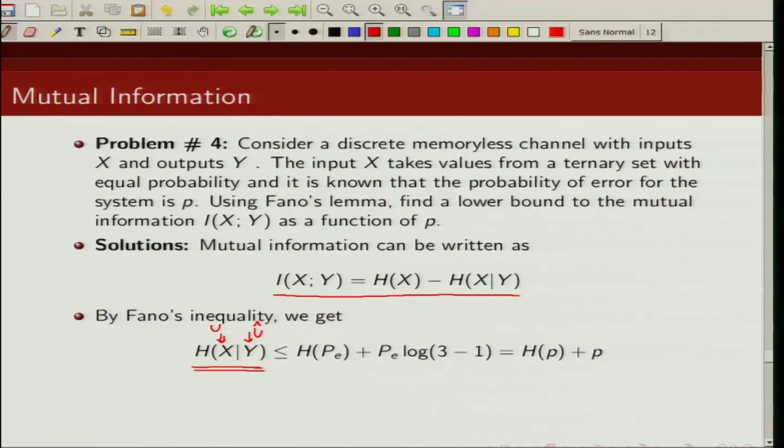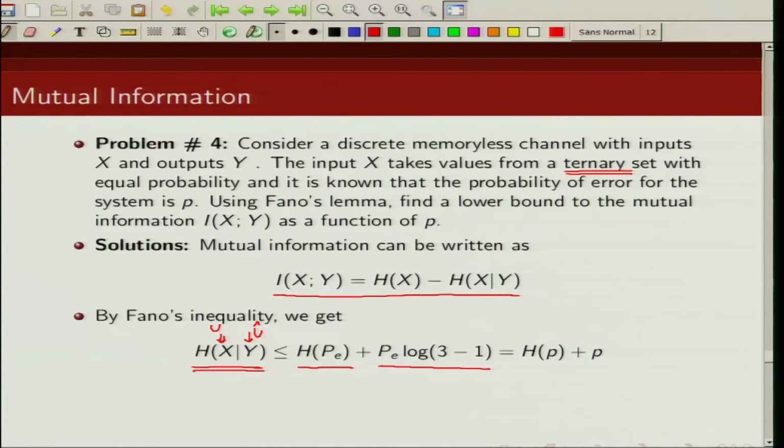So uncertainty in x given y from Fano's lemma can be written as binary entropy function of the error probability plus error probability times log of L minus 1, where L is the number of possible values this random variable is taking. Now in this particular example, my random variable takes 3 different values with equal probability. So L in this case is 3. So log of 3 minus 1, that's basically 1, and we know probability of error is P.